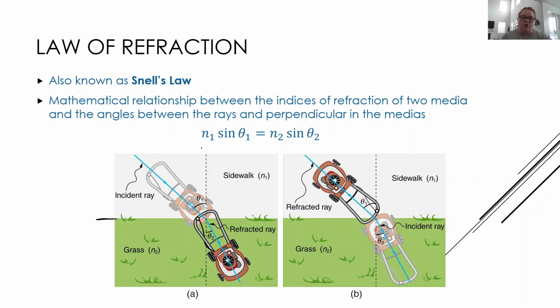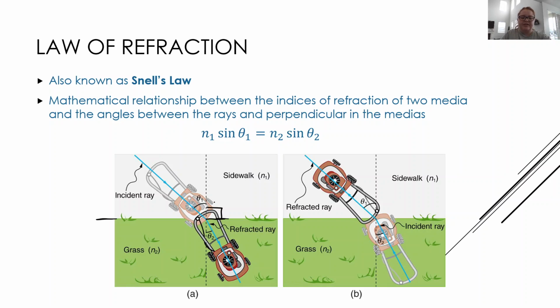So we have the first index of refraction, n1, in this case the sidewalk, times the sine of theta 1, where the thetas, remember, are measured to the perpendicular of the surface. I'll draw it like that.